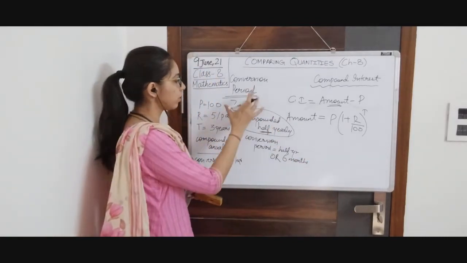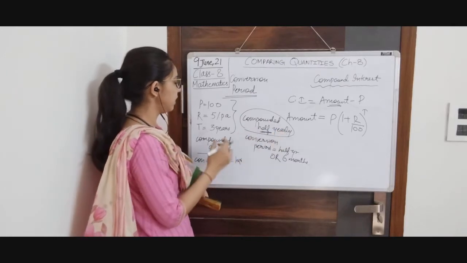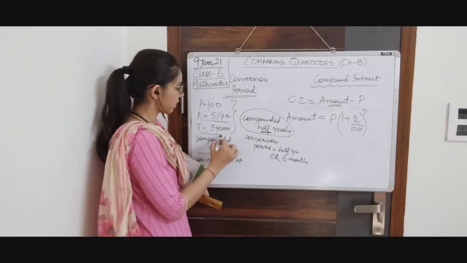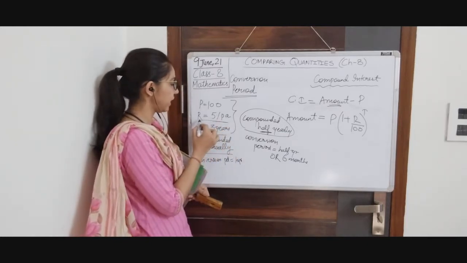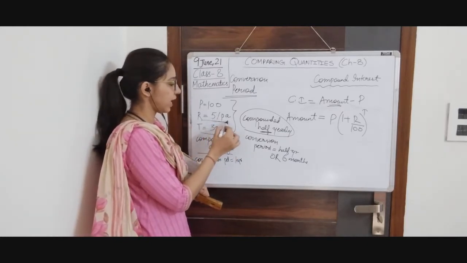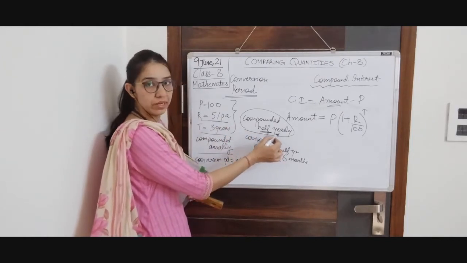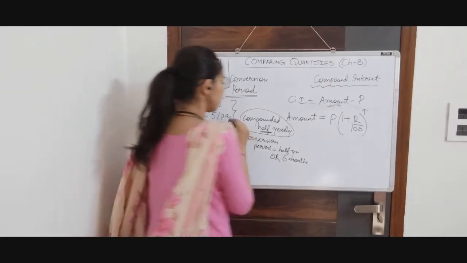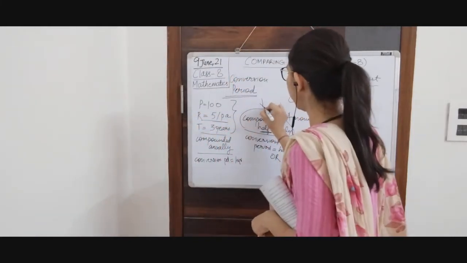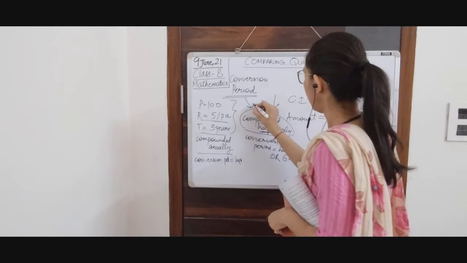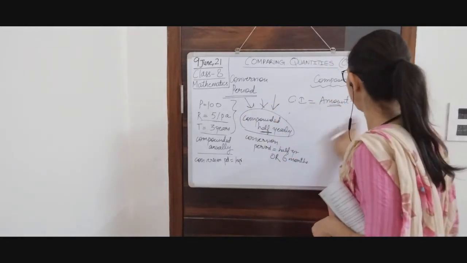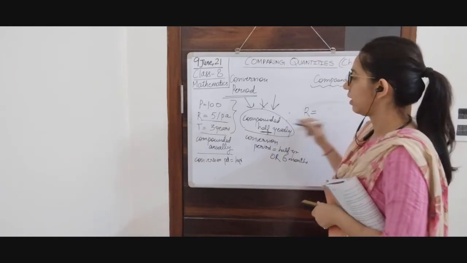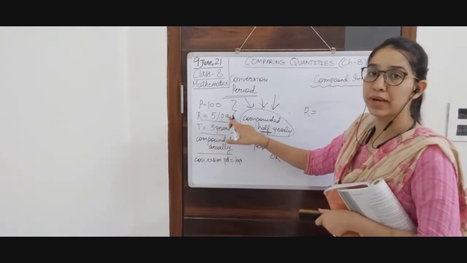For compounding interest half yearly, we have to make some alteration in rate and time, because we are provided the rate at 5% per annum and we have to calculate half yearly. And in 1 year we have 2 half years. It means for this case, your rate is 5% per annum.